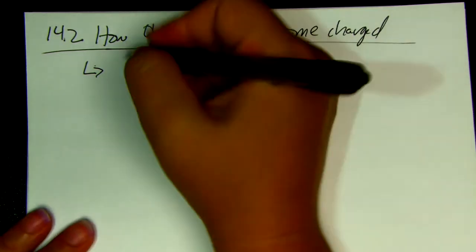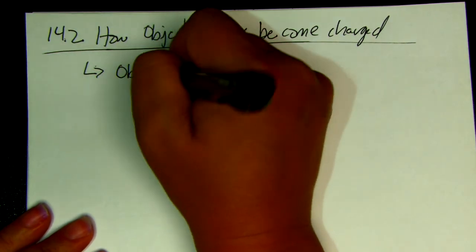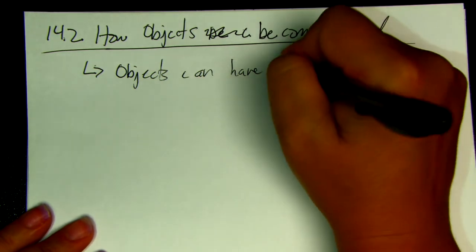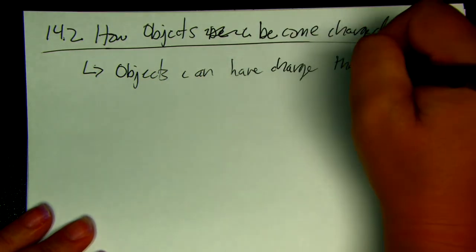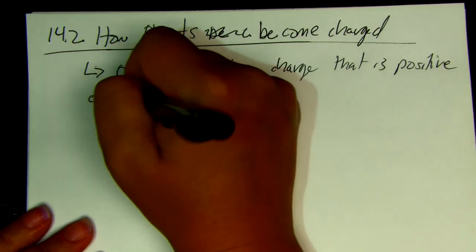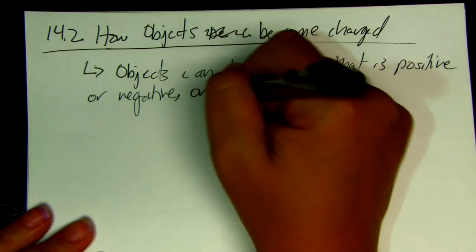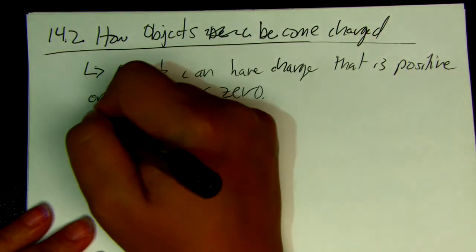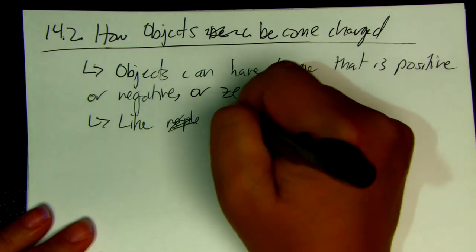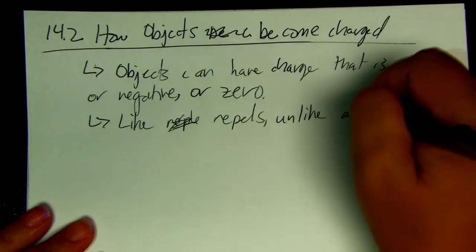A few concepts are important. Objects can have charge that is positive or negative or zero. We know like repels, unlike attracts.